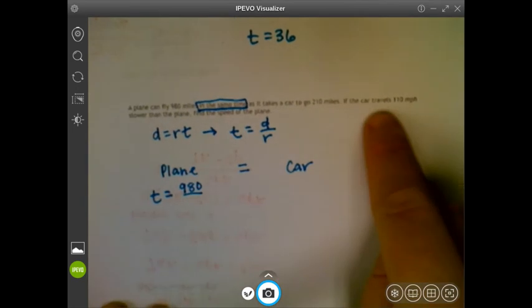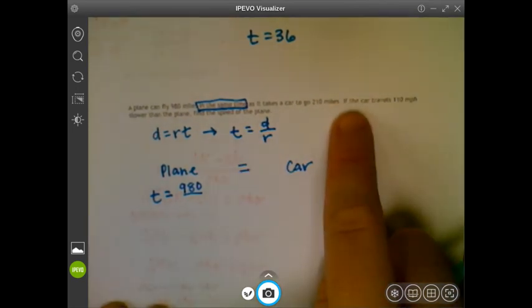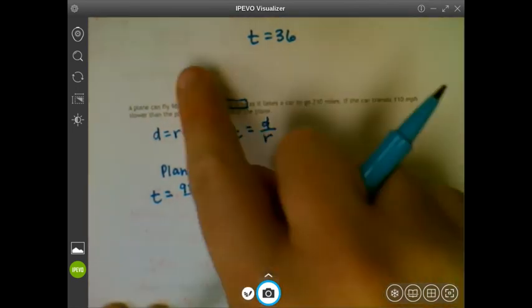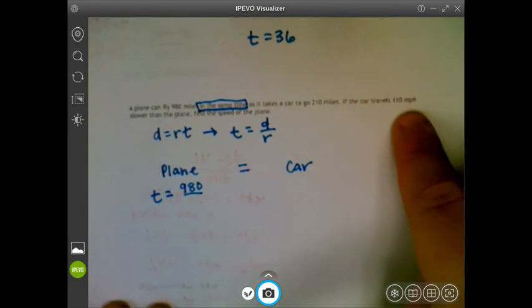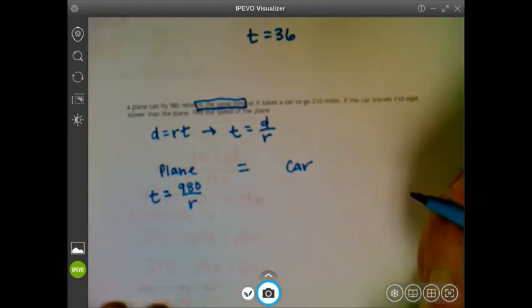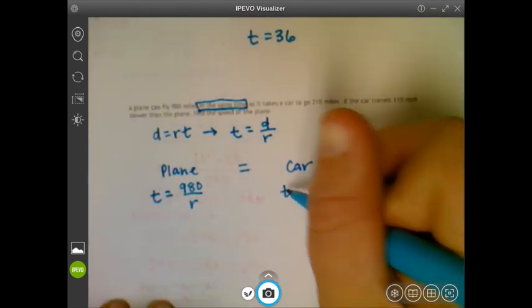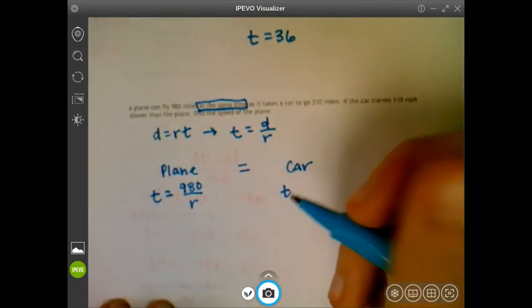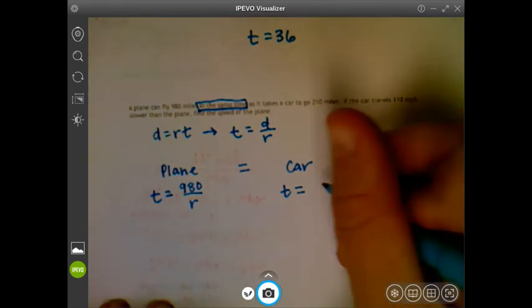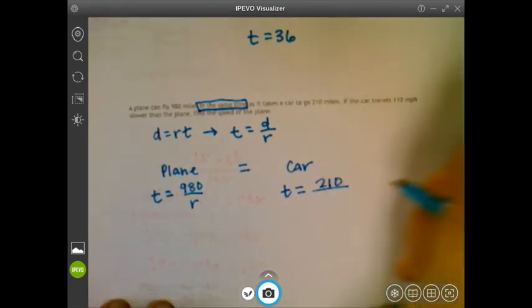And it doesn't tell us its rate. It just says the car travels slower than the plane, so I'm just going to label this as R. The car, in the same amount of time, so these T's are exactly the same, is going to go 210 miles. That's its distance.